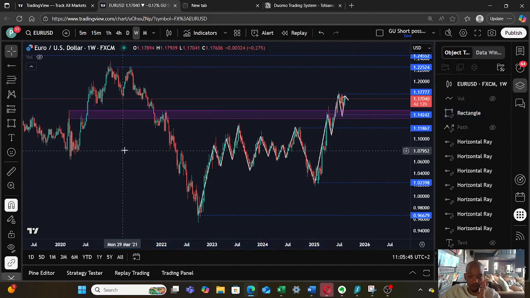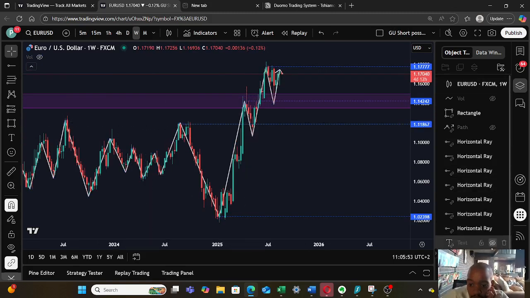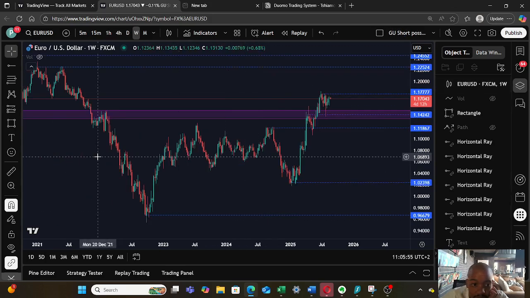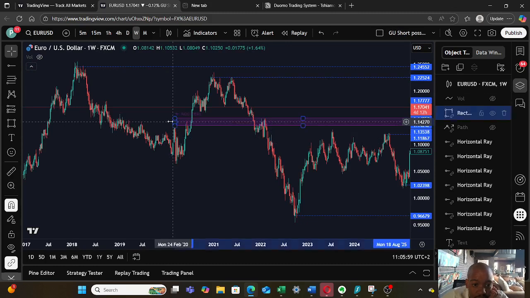Maybe if I move it down here, nah. But maybe this zone doesn't look too bad. Let me hide the path. Let's see if we dragged it further back, maybe. No, further back it's not relevant.